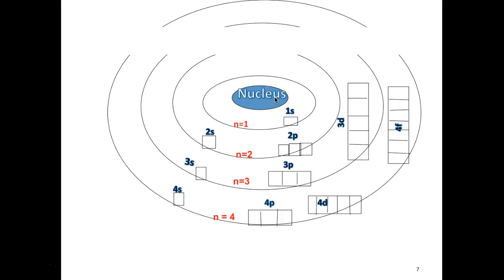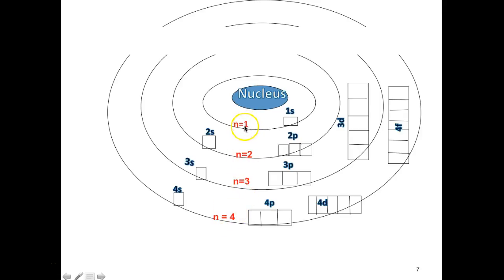So that's a very simplistic analogy, but it works quite well. All right. So you have n equals 1, that's closest to the nucleus. It's got the least amount of energy. N equals 2 is the next, n equals 3, and n equals 4.